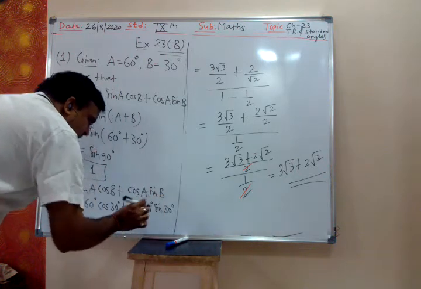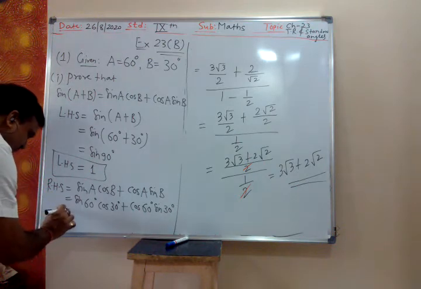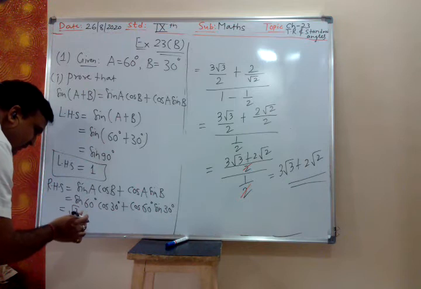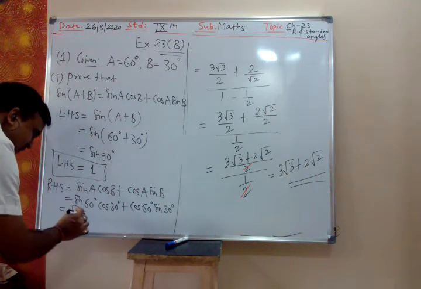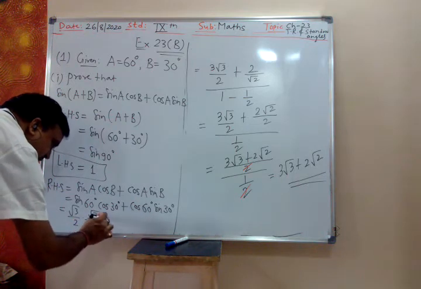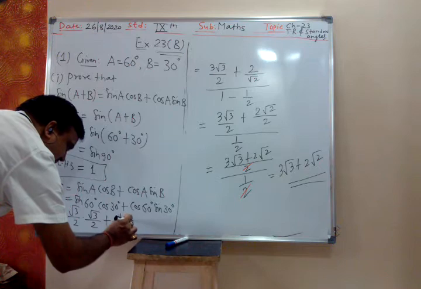You just put the value. Sine 60 is root 3 by 2. Cos 30 is, what is cos 30? Cos 30 is root 3 by 2. Are you getting? Plus cos 60 is 1 by 2. Sin 30 is 1 by 2.